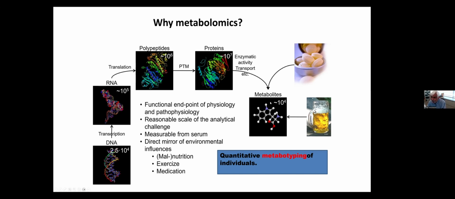In fact, you can think about taking medication or drinking beer or whatever it is, which alters the metabolism in humans, and these changes can be measured. It's a direct mirror of environmental influences, for example, malnutrition, exercise, medication. In fact, NIH now has a very large set of grants, one for nutrition and one for exercise.